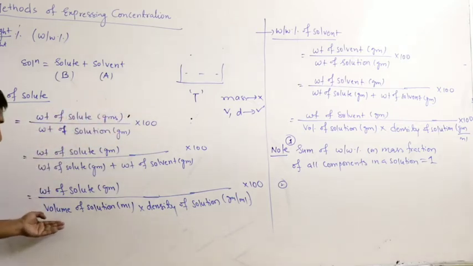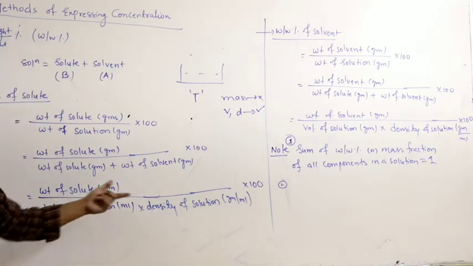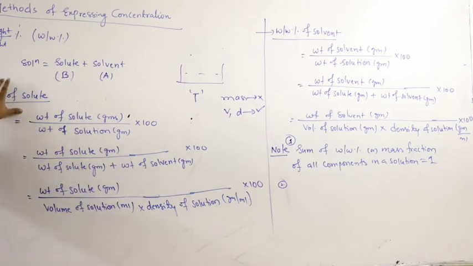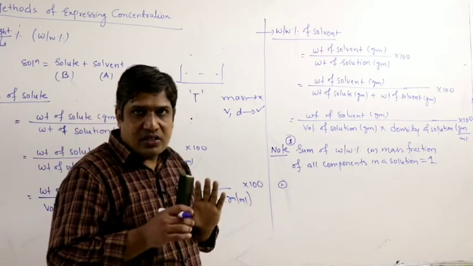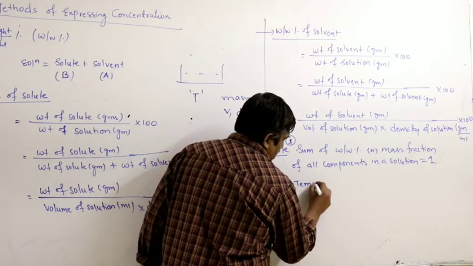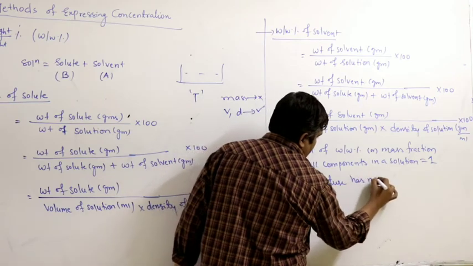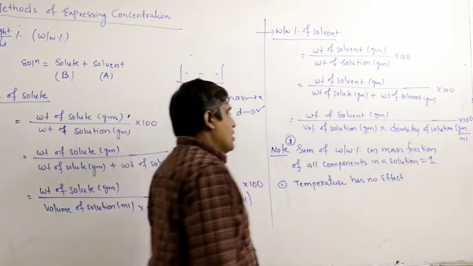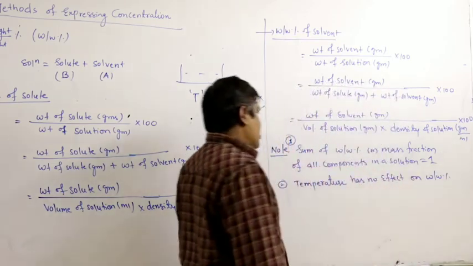Here you may have volume, but correspondingly density also changes such that the product remains the same. So in the case of mass fraction or weight by weight percentage, temperature has no effect because masses do not change. That is the second point.